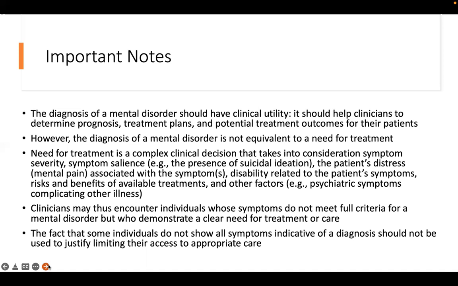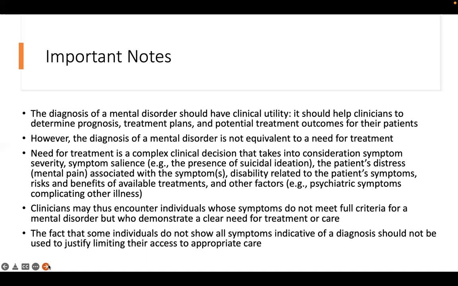That should be a consideration when you are figuring out your treatment plan. Also consider the patient's distress associated with the symptoms, disability related to their symptoms, and risks and benefits.